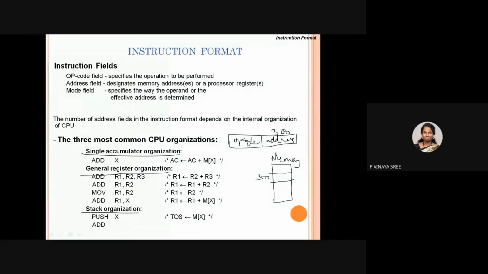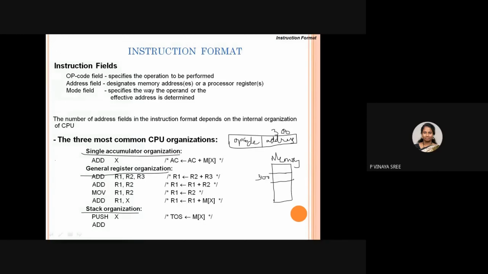One of the operands will be implicitly available in the accumulator. If you're performing an operation like adding two operands, one operand by default will be available in the accumulator implicitly. There is no need of mentioning it.